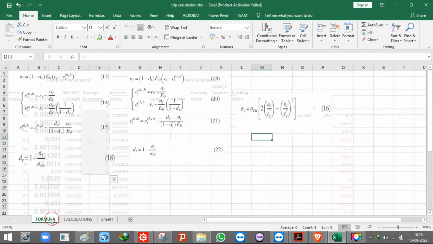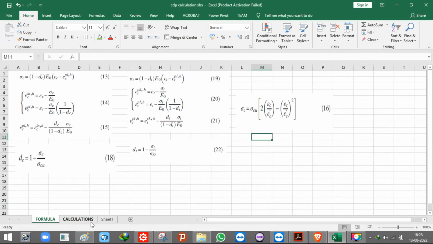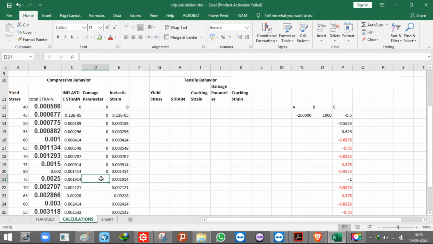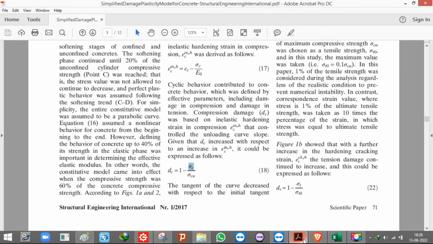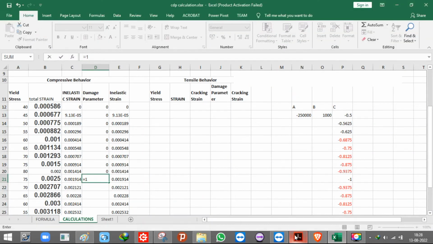So this formula I have also given over here. So let us calculate 1 minus sigma C, sorry, 1 minus sigma C, this upon sigma CU, which is 80. That's all.